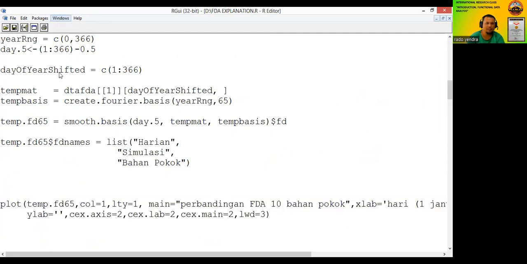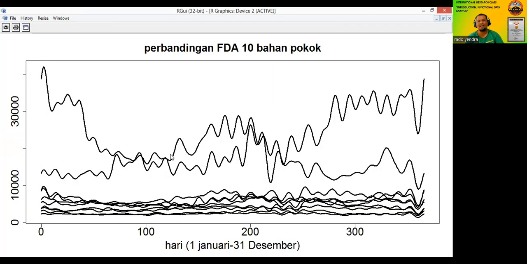You can check here and make the comparison. These are the 10 smooth graphs using the Fourier series with the basis 65.